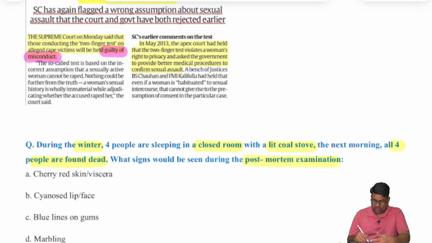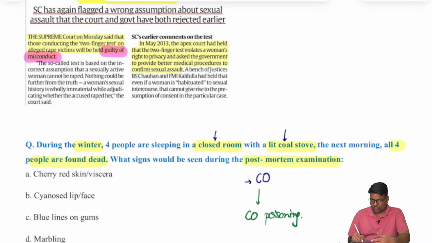Now, what happens if the room is closed and the coal stove is releasing gas, and there is a buildup of carbon monoxide in the room? It's a kind of closed chamber, and this just builds up the volume of carbon monoxide in the room, and the persons develop carbon monoxide poisoning.